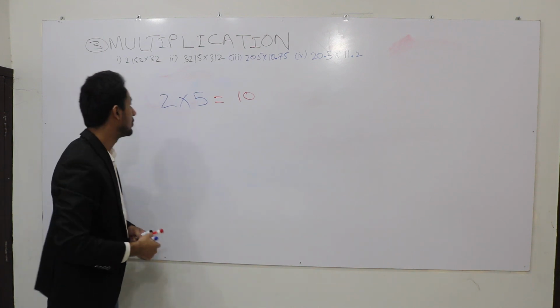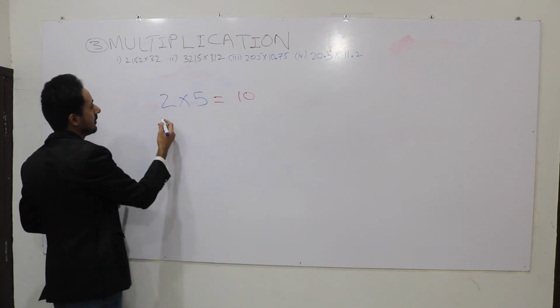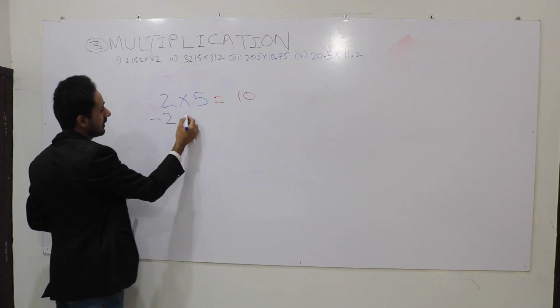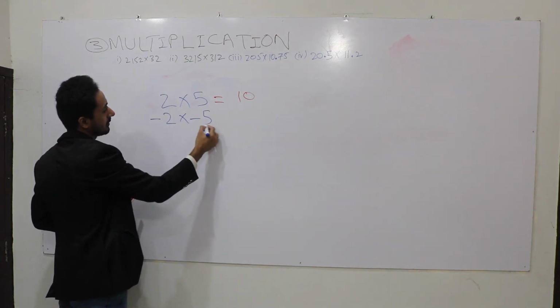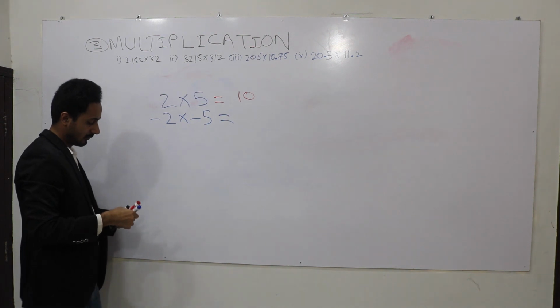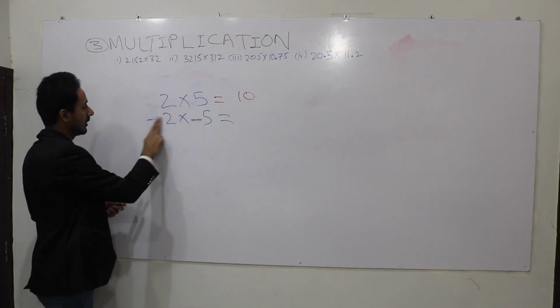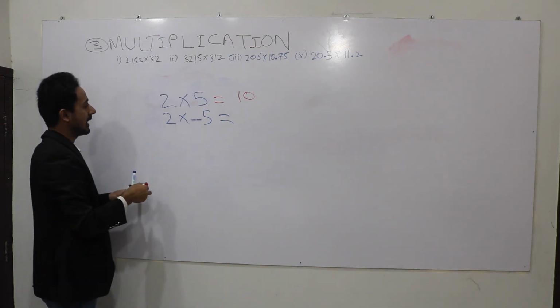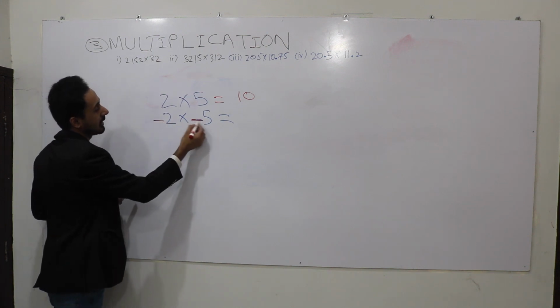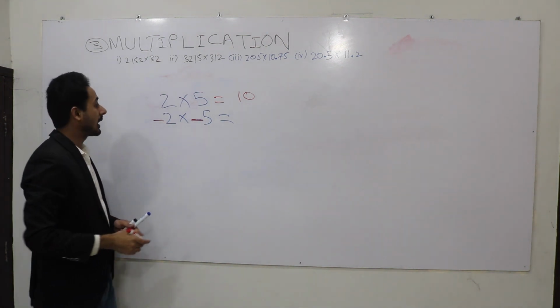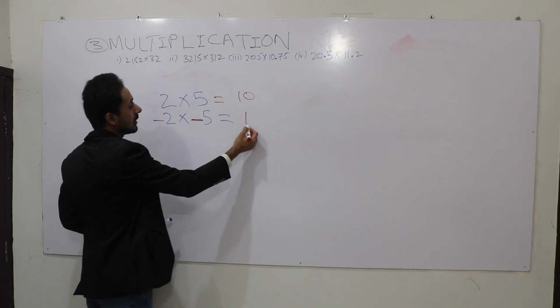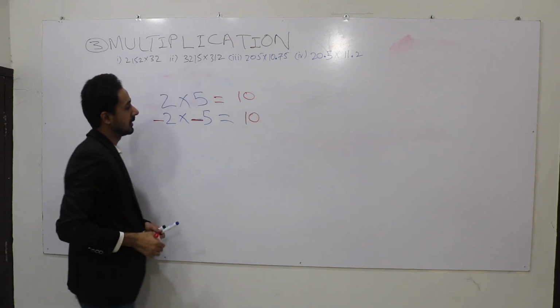We don't need to write positive here because it is already understood. Now if both numbers have negative sign, this 2 has negative sign and this 5 also has negative sign. Again, the answer will be positive.